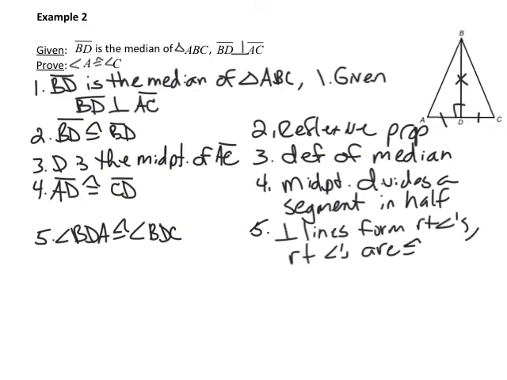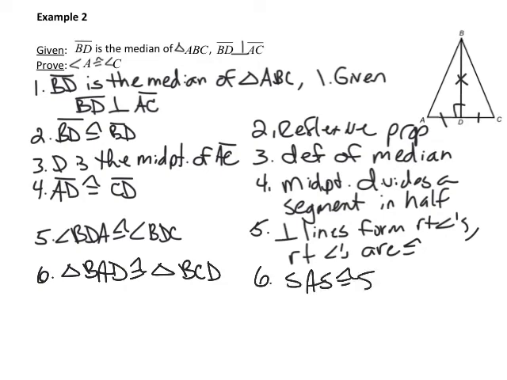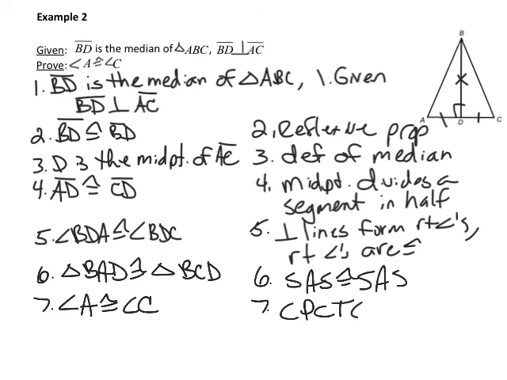That's enough to do my triangle congruence, which is I now have triangle BAD congruent with triangle BCD, and that was side, angle, side. And finally, I can say that angle A is congruent to angle C because corresponding parts of congruent triangles are congruent.